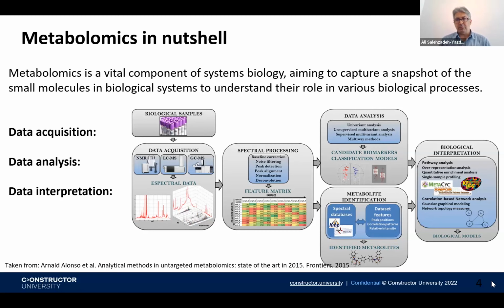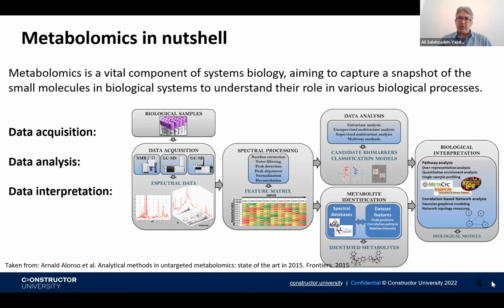We have plenty of different mass spec approaches, like gas chromatography, LCMS, and even imaging metabolomics should be taken into consideration.